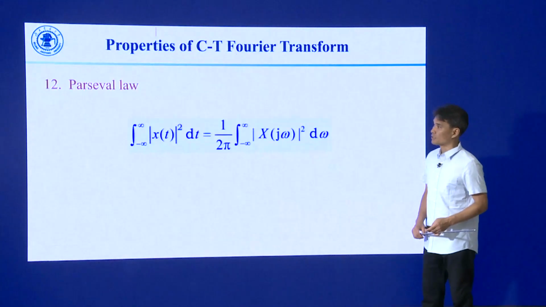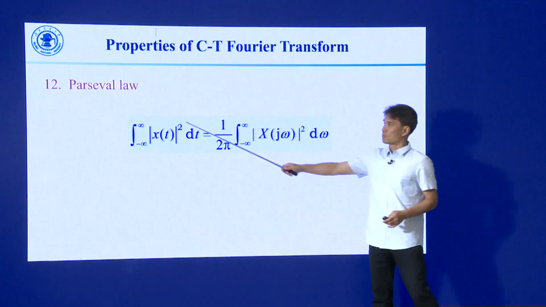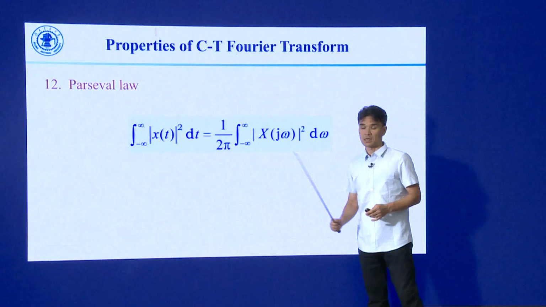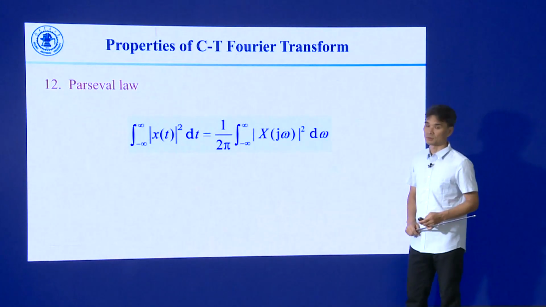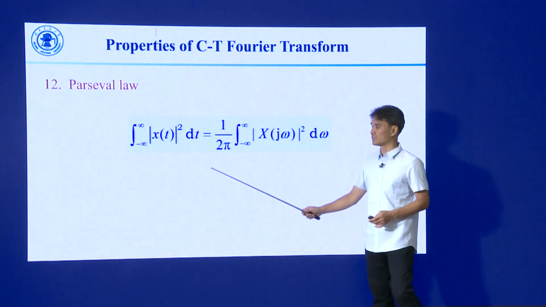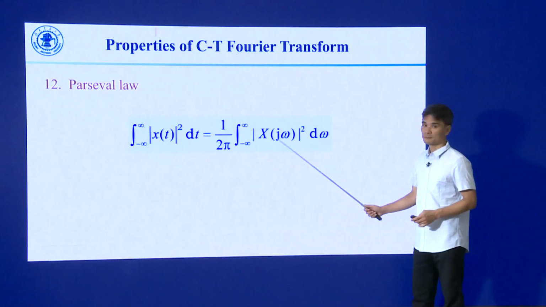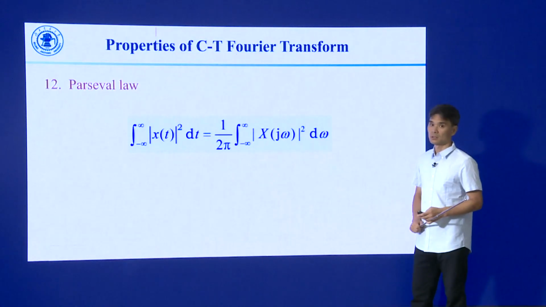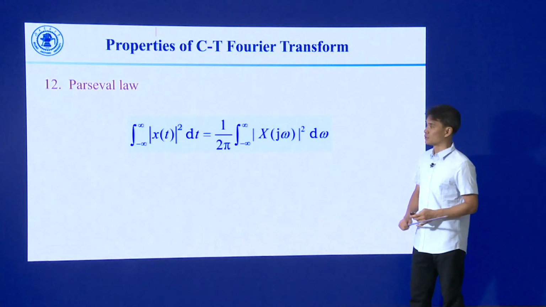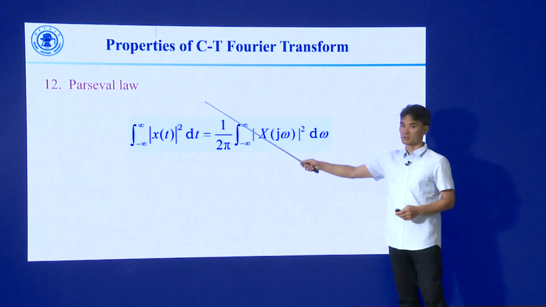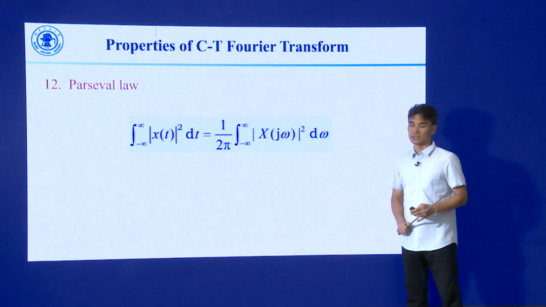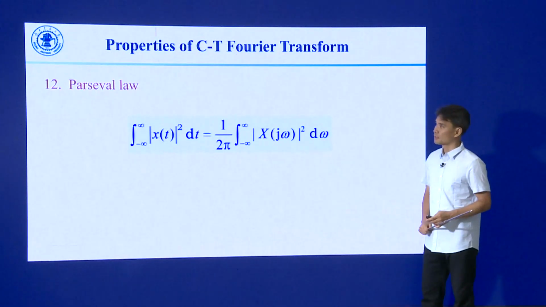Okay, now we can introduce the Parseval law for continuous time Fourier transform. You can calculate the energy either from the time domain or from the frequency domain. They are always equal. And this is the content of the Parseval law for continuous time Fourier transform.